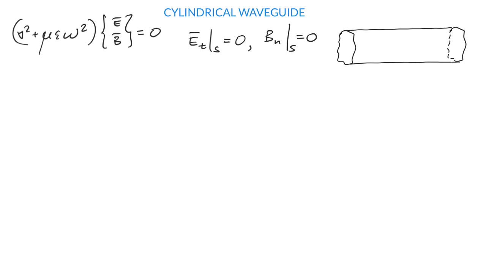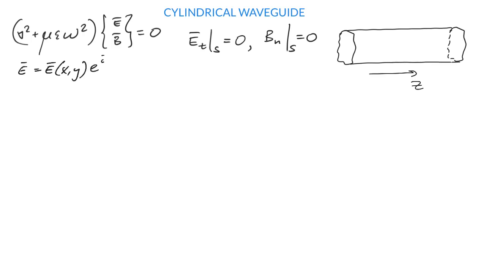The first thing we note is that because of the translational invariance along the axis of the waveguide, let's introduce an axis z parallel to the axis. So because of this translational invariance, we can look for solutions for the fields in terms of plane waves with respect to the z direction.